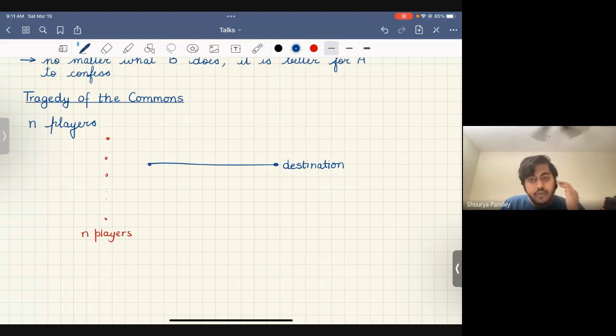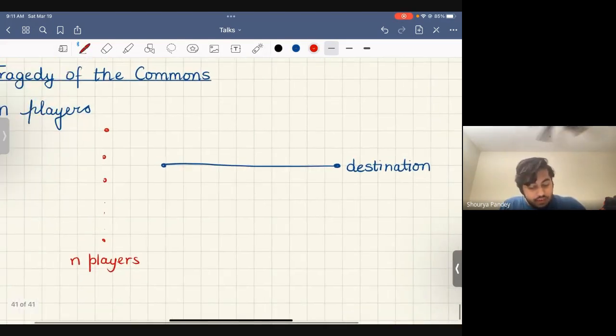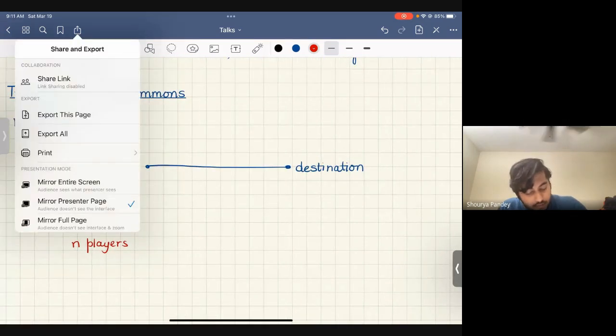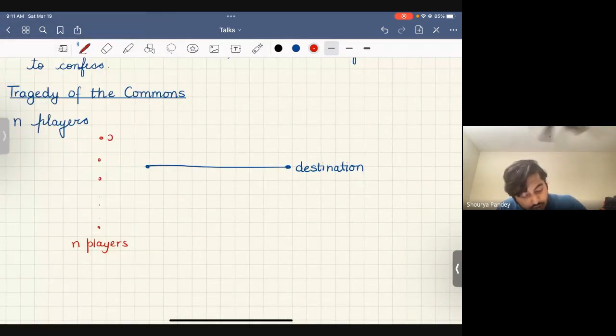Each of these players can send some information. Let's say player one sends x1 units of information along the channel, and this one sends x2 units of information per minute or whatever, right? So it's some unit of data divided by time.